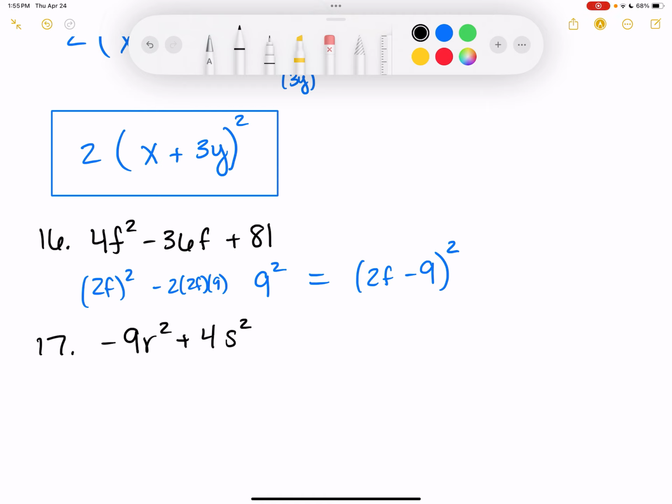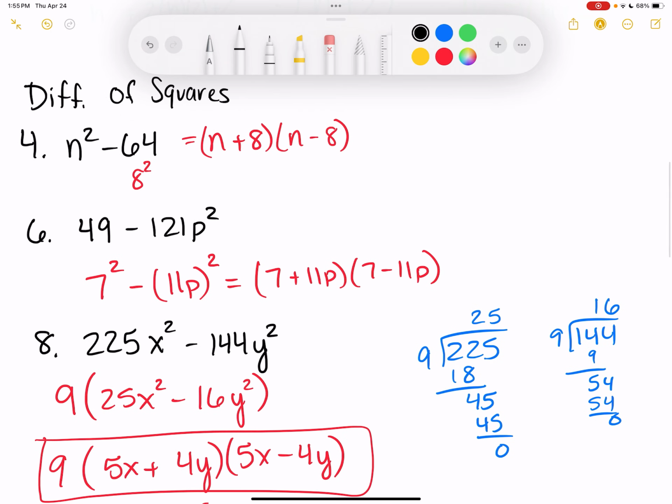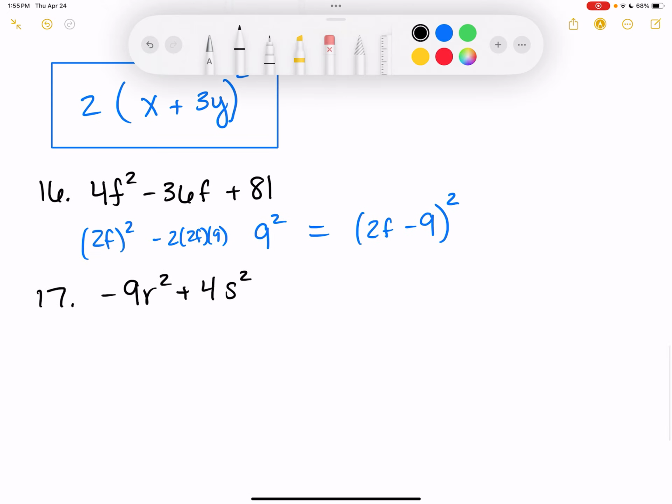But it doesn't look like all the other differences of squares that we had. All the other ones were a positive number, then a negative number. Positive, then negative. But this one is negative, then positive. So in order for us to write this as a difference of squares, I need to swap these 2 terms. I'm going to write this as 4s squared minus 9r squared. Now, both numbers are perfect squares.